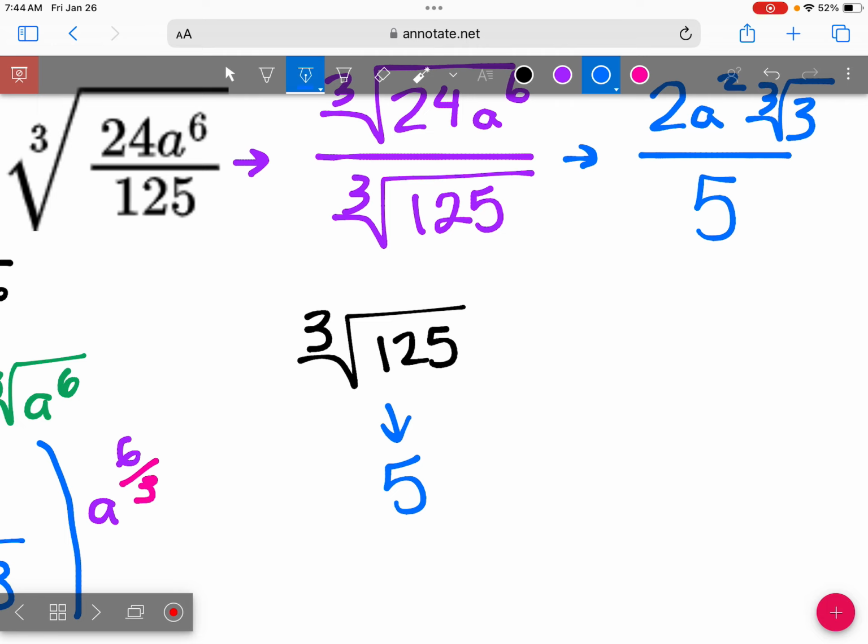So the next one we're going to look at is a little trickier, because it's a fourth root. And we haven't worked with fourth roots of numbers all that much.